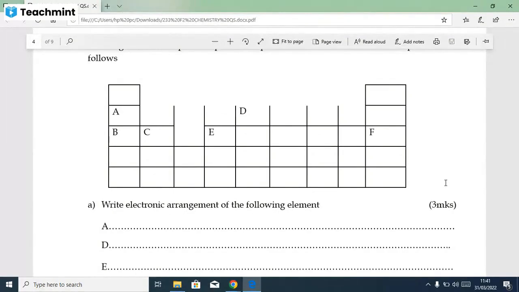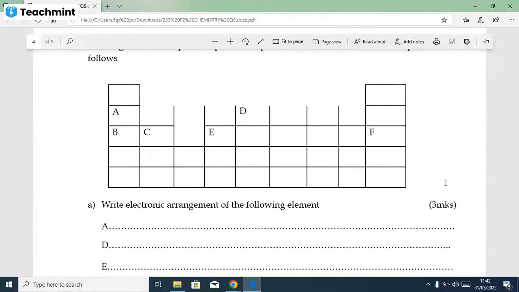Haya, wacha tuangalie tena. What is the valency of E? 3. D for dog. 4. Haya, sasa siniandikie compound na uanze na E.